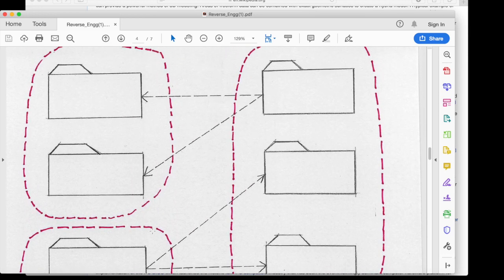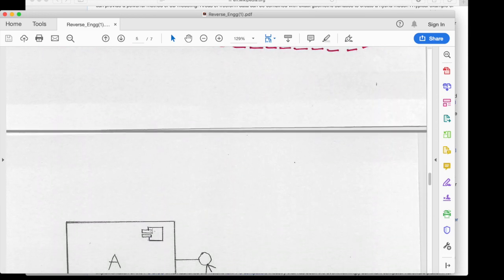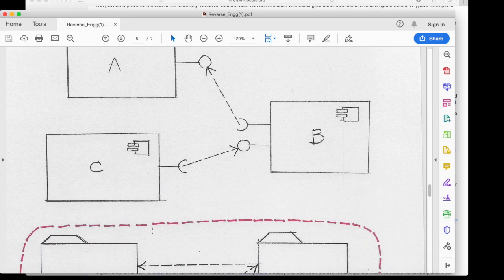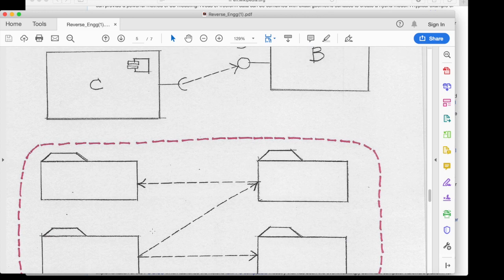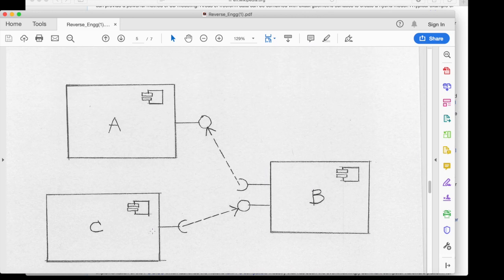So we identify here four packages or four components.